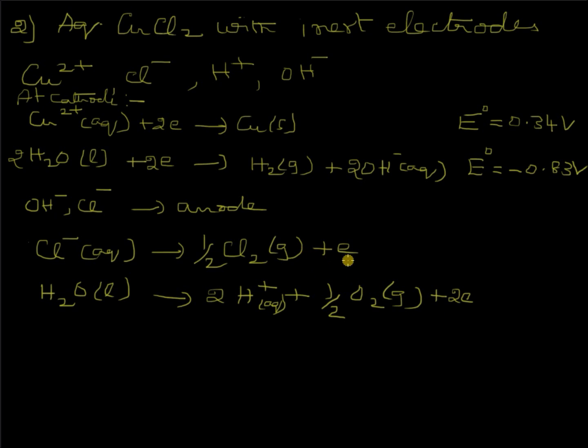Let's write the electrode potentials for this. E naught for the chloride ion to get discharged as chlorine gas would be 1.36 volt, and for oxygen E naught is 1.23 volt.